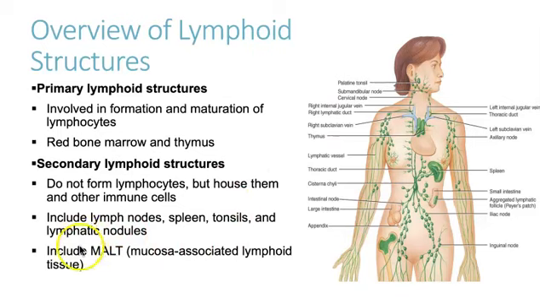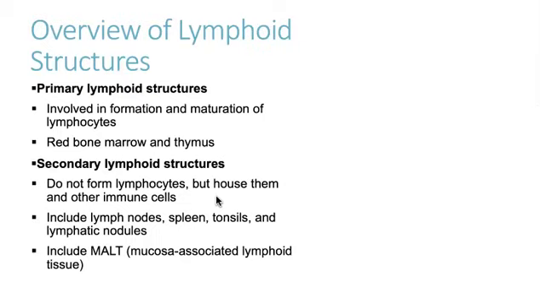And this includes MALT, which stands for our mucosa-associated lymphoid tissue. We're going to dive a little bit deeper on this in the coming slides, and notice that these are all going to be sites where we can initiate an immune response because our lymphocytes are housed within them and we have our other immune cells in that area as well.